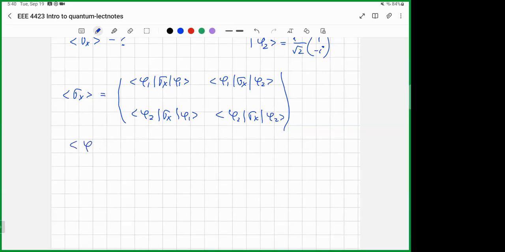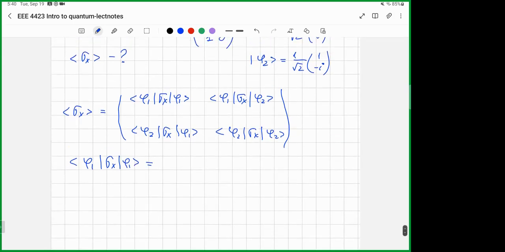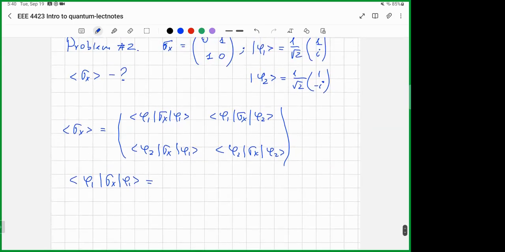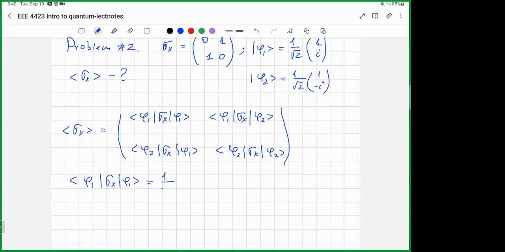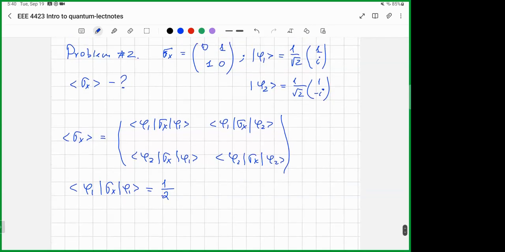Let's go and calculate these expectation values, first for the first state. For phi1, I have 1 over square root of 2 twice, so it's going to be 1 over 2, right? Then bra phi1 is 1 minus I, because of complex conjugation and transpose.